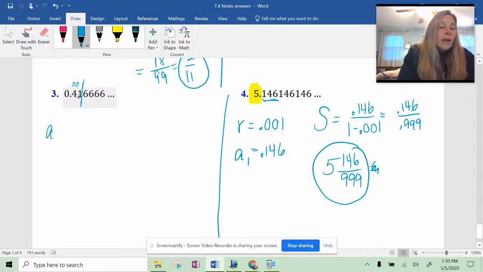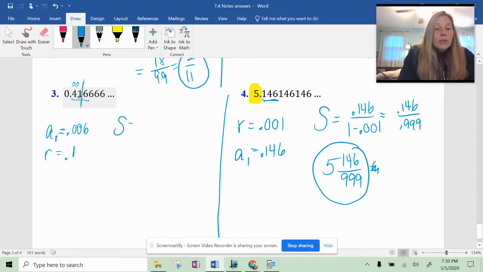And we're going to say our A sub 1 is 0.006. Now the R value, we have to go all the way to where that 6 starts repeating. It's only one number repeating there, 666, so it's just going to be 0.1.